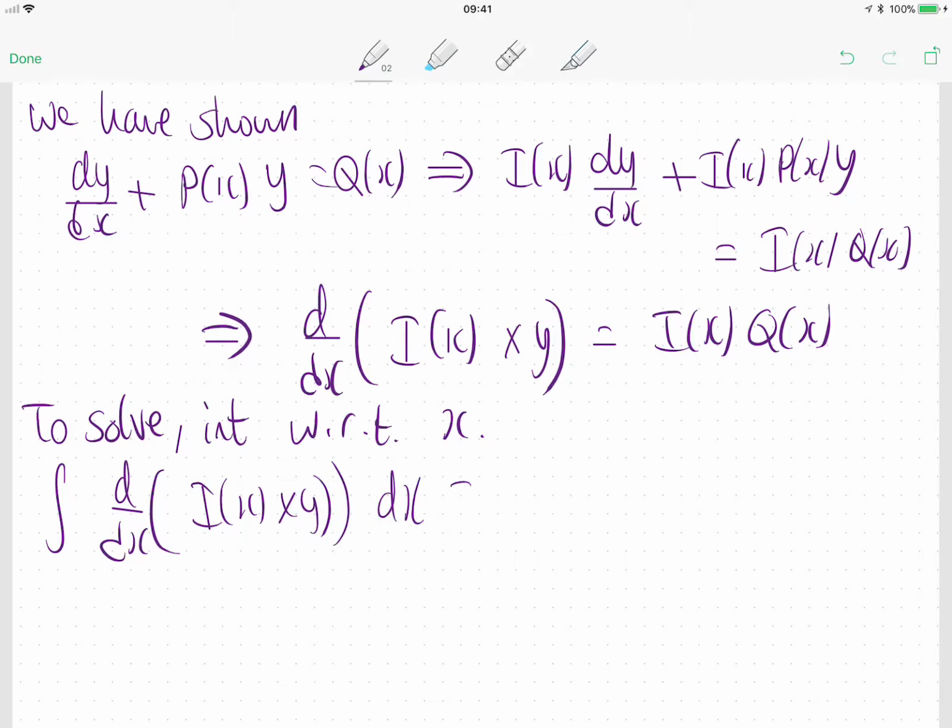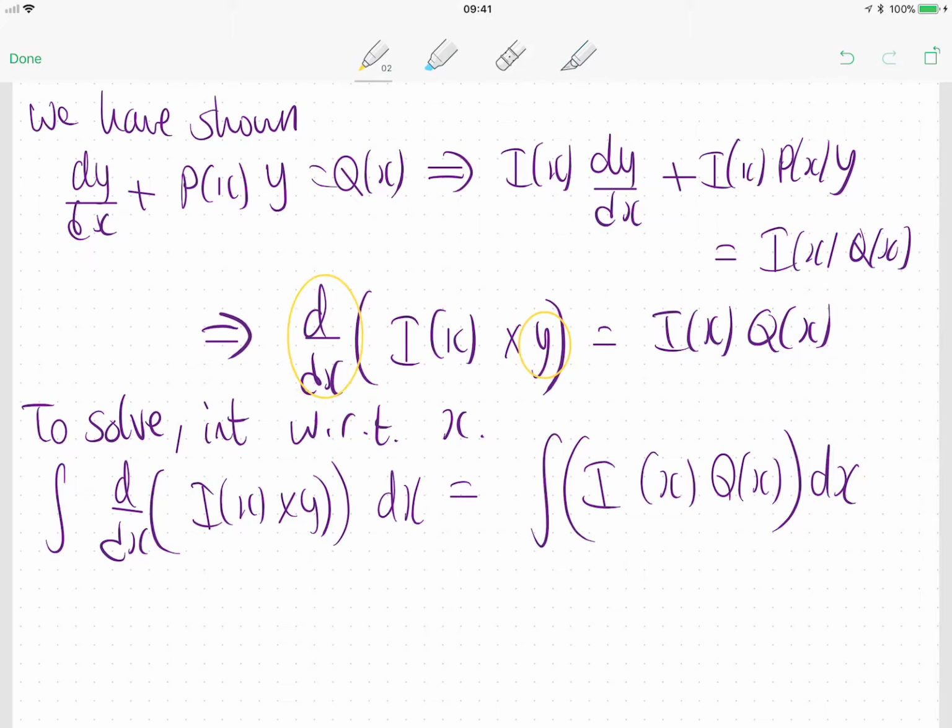So let me write it first and say a bit more. So what we're doing, we're going to isolate the y. To do that, I need to reverse this d by dx. So I need to integrate. That's exactly what's going on over here. The opposite of integration is differentiation.